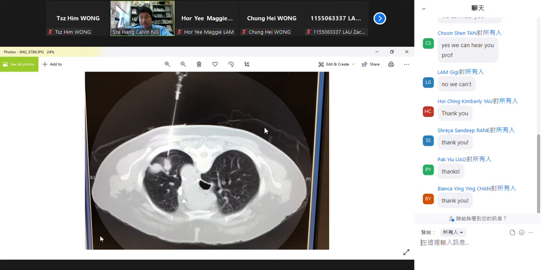An imaging modality that helps you stage. EBUS. Yep. PET-CT, yep. Someone said PET-CT, yep.